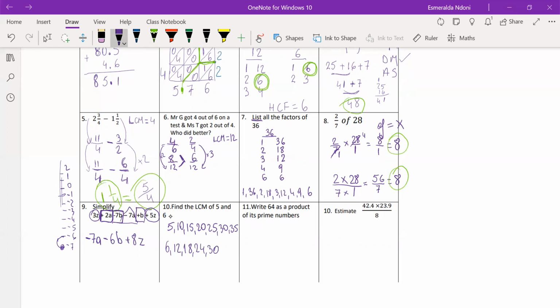Okay, 30 is on both of them. I can see that, so all I need to do is circle the 30 and write down LCM is 30.